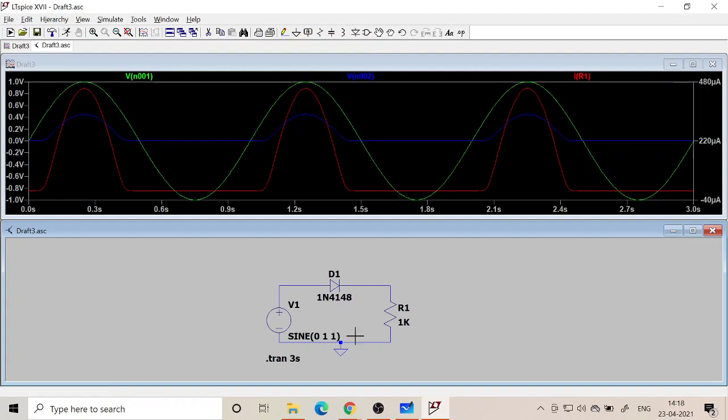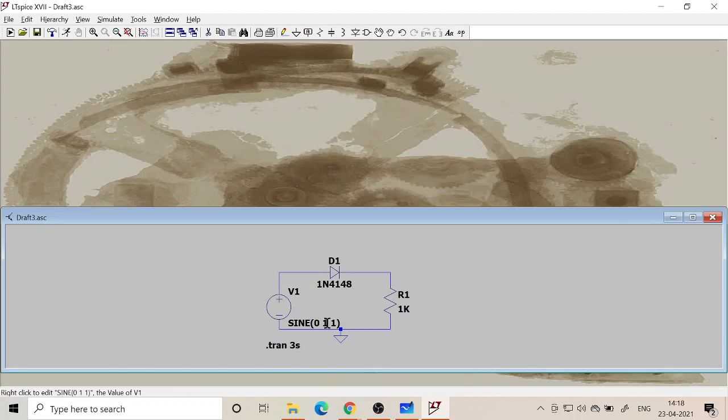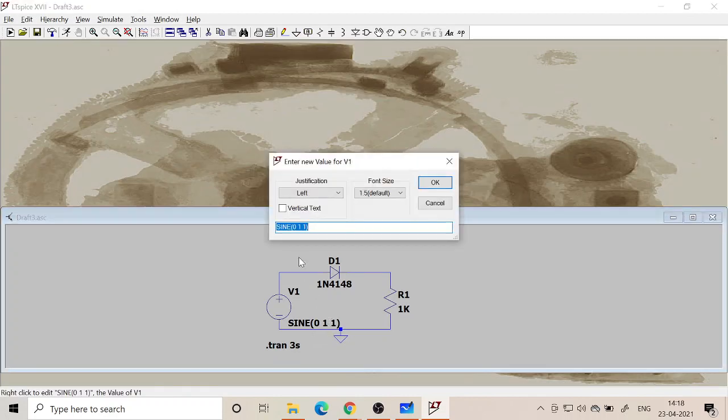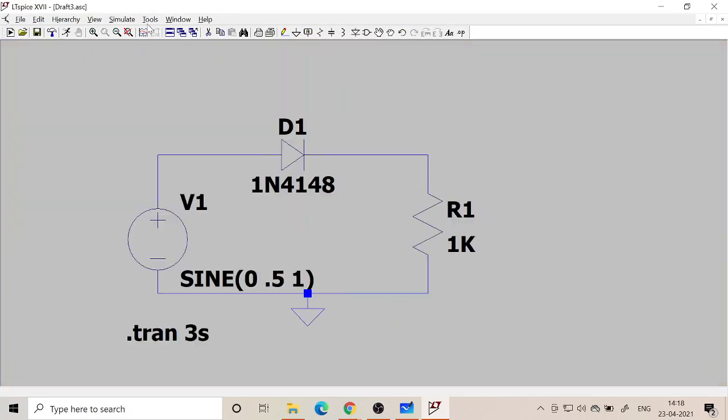Okay, is there any doubt with respect to this? This difference will be pronounced when the input voltage is less. Now you can also check what will happen if we change the input voltage to less than 1. Say, for example, I take 0.5. Then what is going to happen?